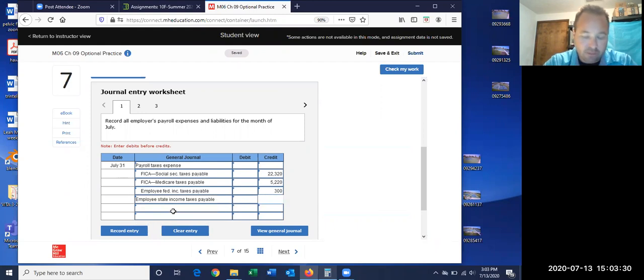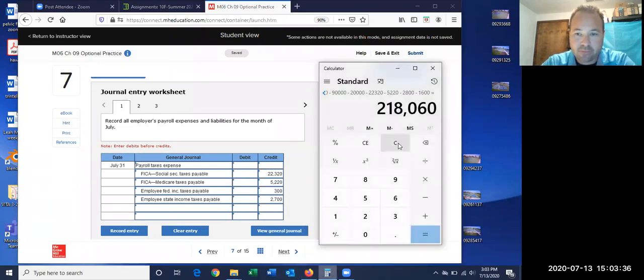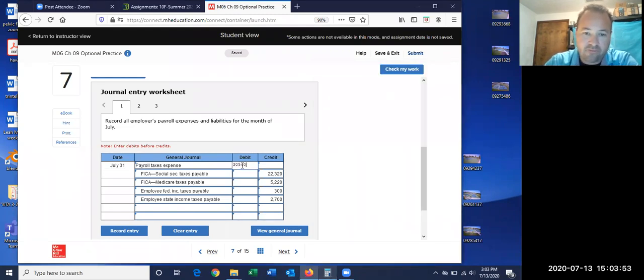And what's one of the numbers I jotted down? $2,700. And when I add all of these up, I will get how much extra taxes the employer had to pay. So I take the $22,320 plus the $52.20 and $2,700. So $30,040.